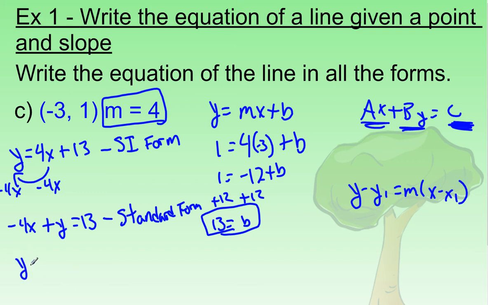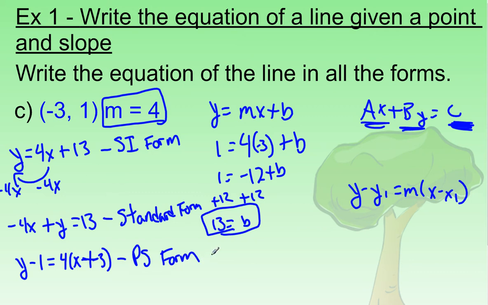So, y minus the y value, 1, equals m, which is slope, times x minus the x value. So x minus -3, and minus a negative we turn into a plus, and we're donezies. That is point-slope form.